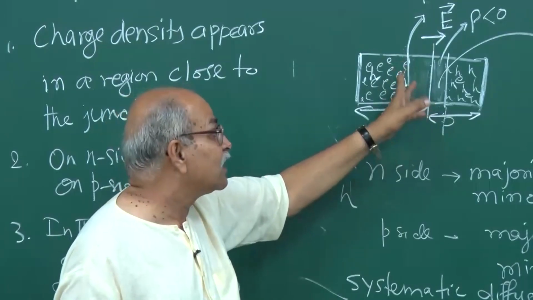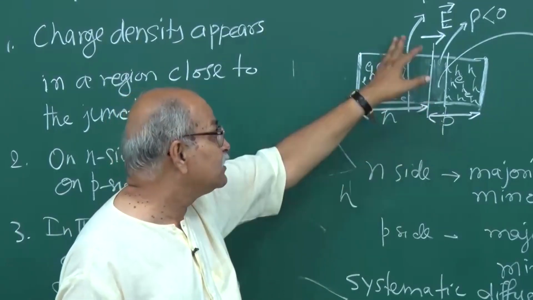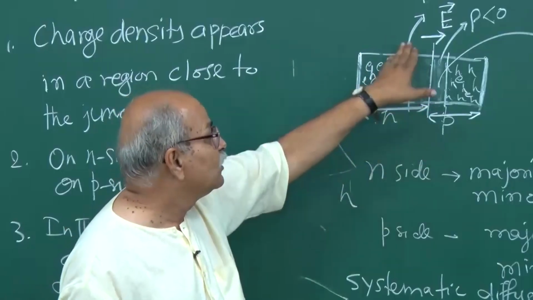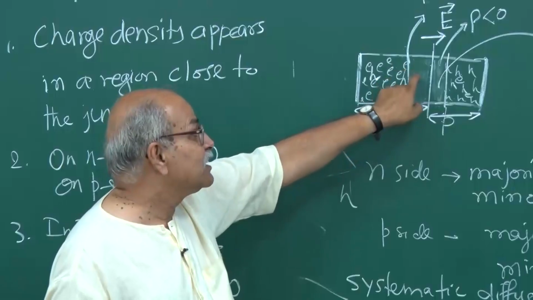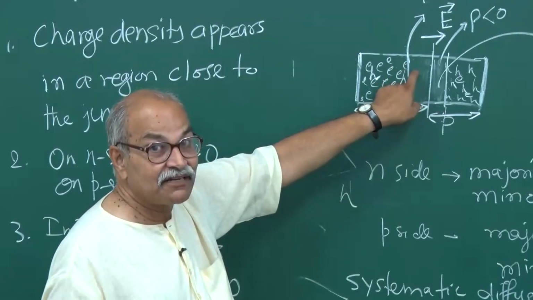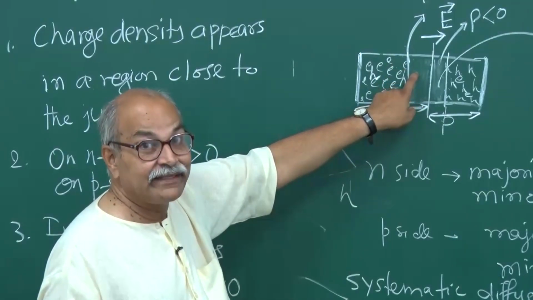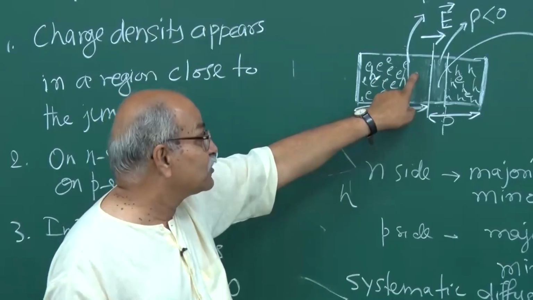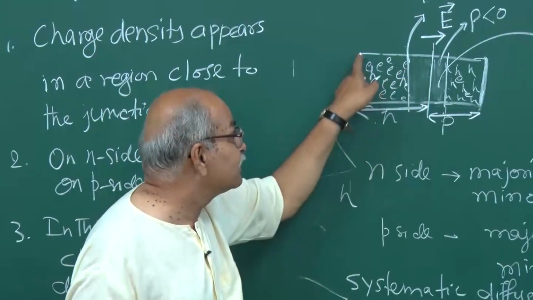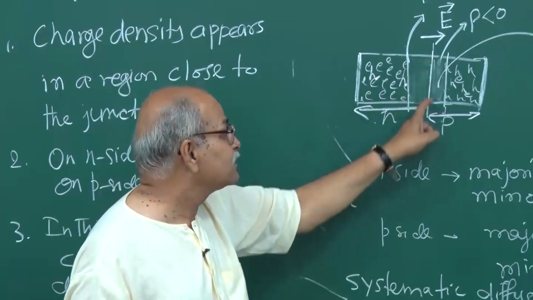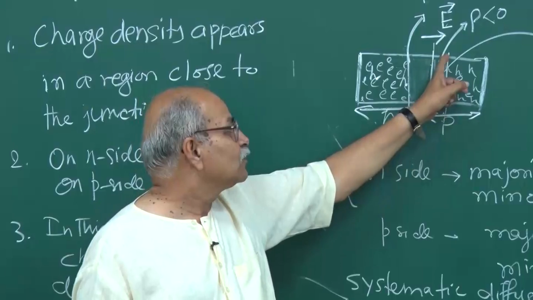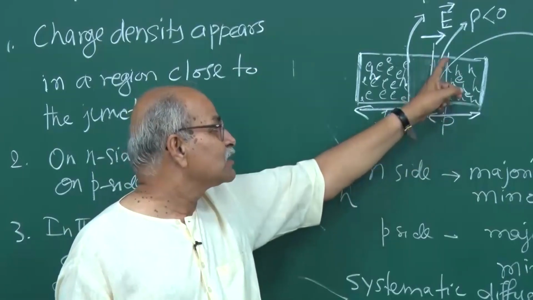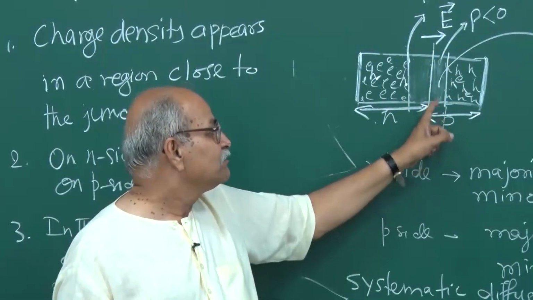Although the conduction electrons are not there, the holes are not there, still those pentavalent impurities that we have put in, arsenic or phosphorus, are distributed in this entire region. This is still an N type region. And similarly here, although there are no holes, no electrons, it is still P type.